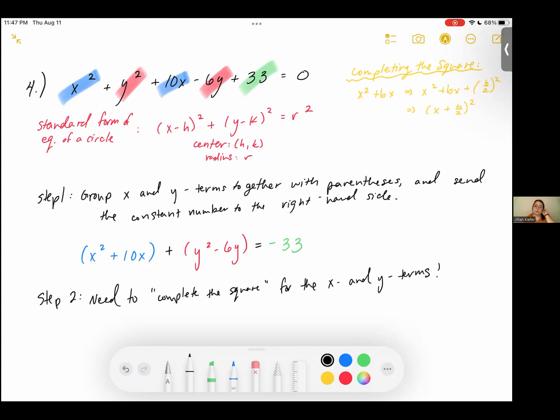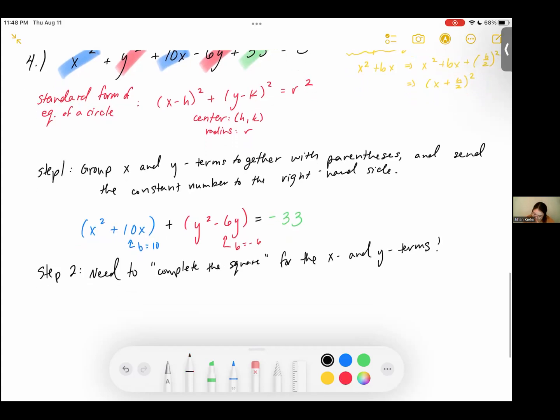We said completing the square was if we had something of the form x squared plus bx, which is what we have. In our case for the x terms, b is 10. For the y terms, b is negative 6. So what we need to do is add the strategic constant b over 2 squared. Then we can simplify.